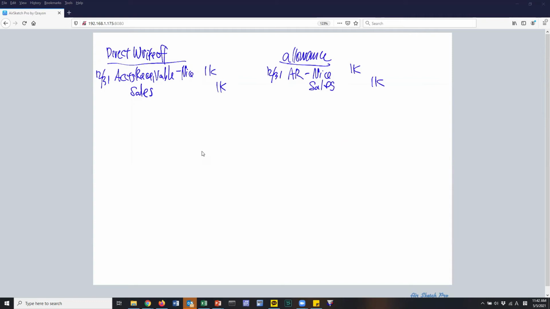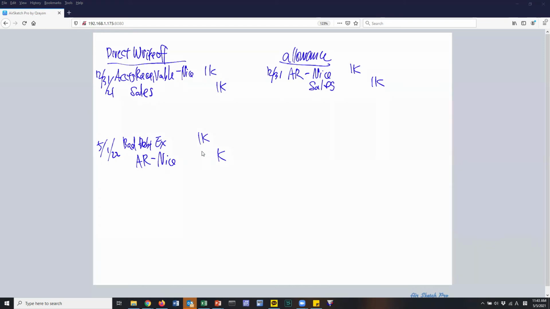But as we have written off under the direct write-off method at a much later time, when was it? May 1st, okay. That expense and accounts receivable of NICE, much later time, it became a violation of the important accounting principle.